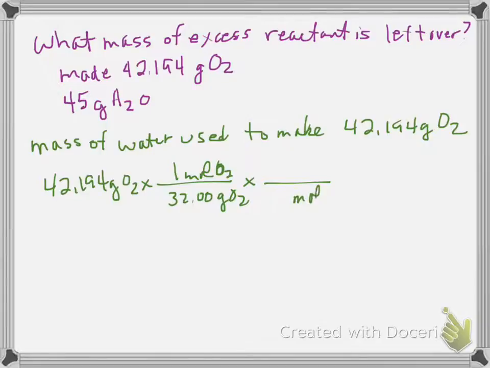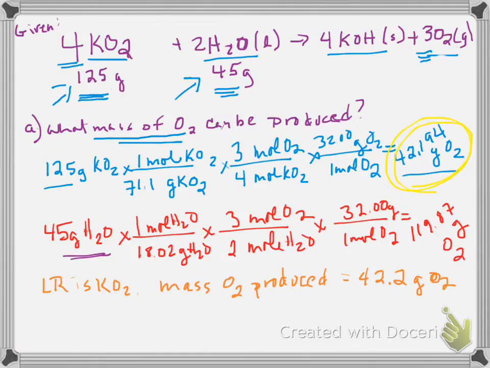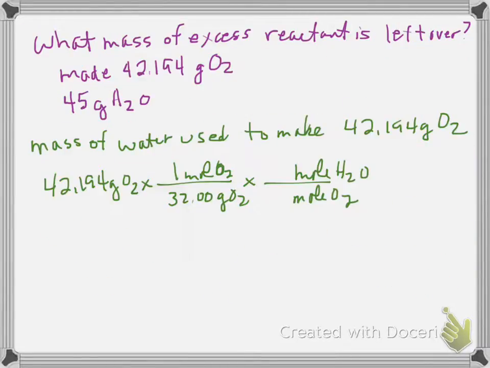Now I want to convert moles of O2 to moles of water. Looking back at the balanced chemical equation, 3 moles of oxygen for every 2 moles of water. So it's 3 to 2. And in 1 mole of water, I have 18.02 grams.